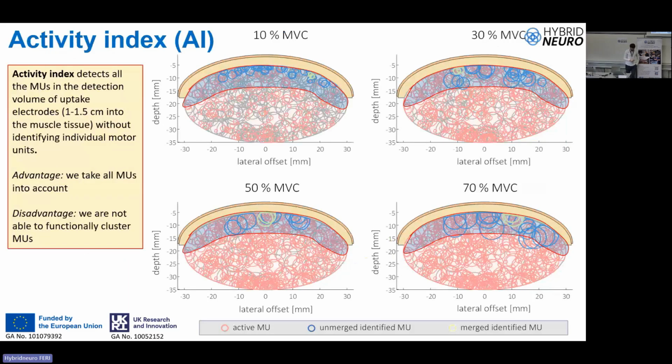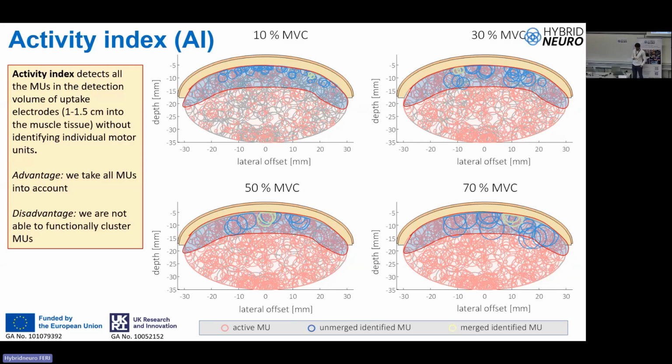We can go even a step higher and ask ourselves, should we even bother identifying motor units, or can we do something else? And yes, we can introduce the activity index into the story. The activity index is the calculation of CST over all of the detected motor units in the detection volume of the electrode.